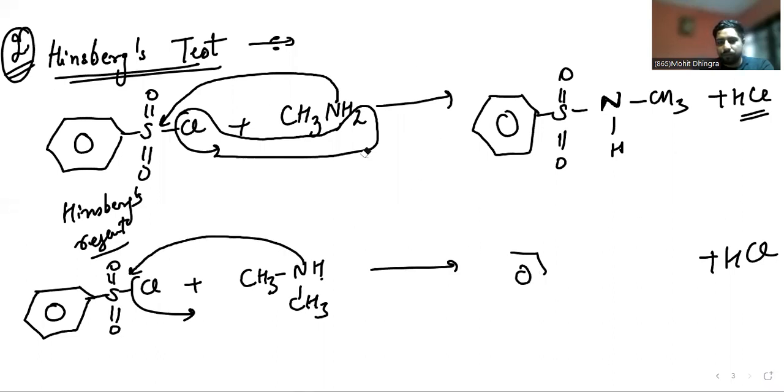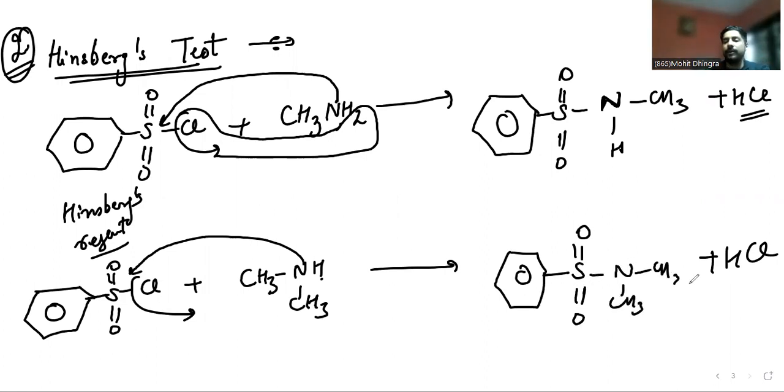So in this also, the same type of compound is formed: S double bond O, S double bond O, N, CH3 and CH3. The same mechanism is followed by both the primary and secondary amines with this Hinsberg's reagent.